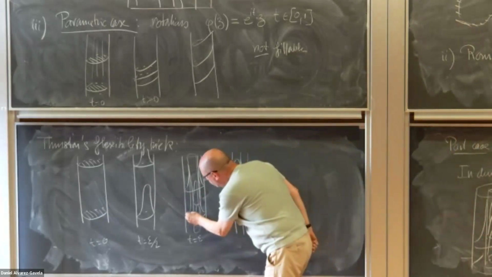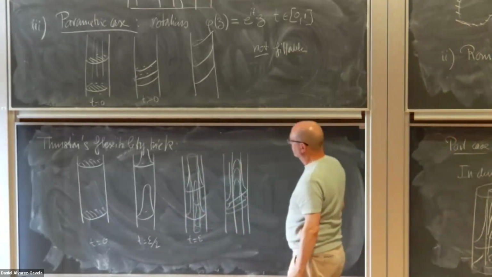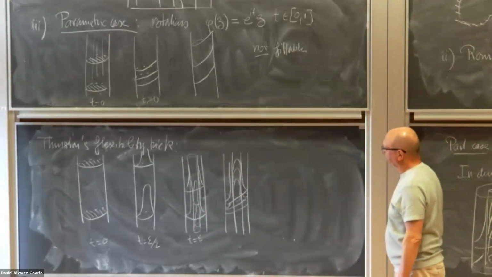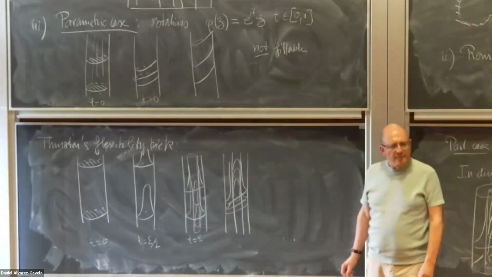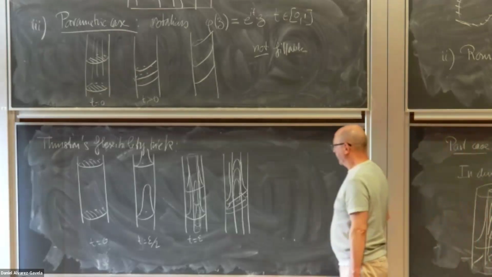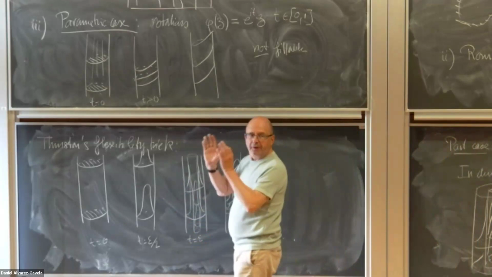The set of t where I have a disk in the middle, will it be open or closed? It is open. Okay. For t less than epsilon. At time epsilon, it has become. Stop.